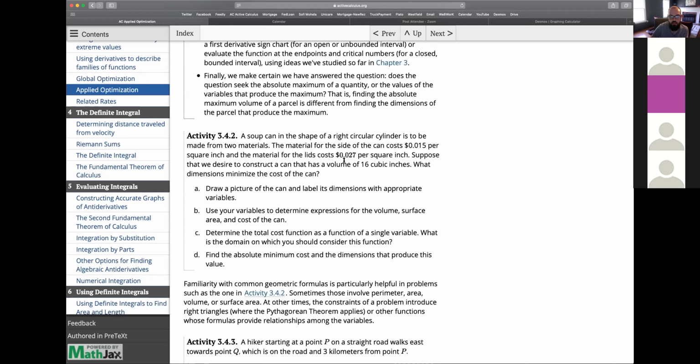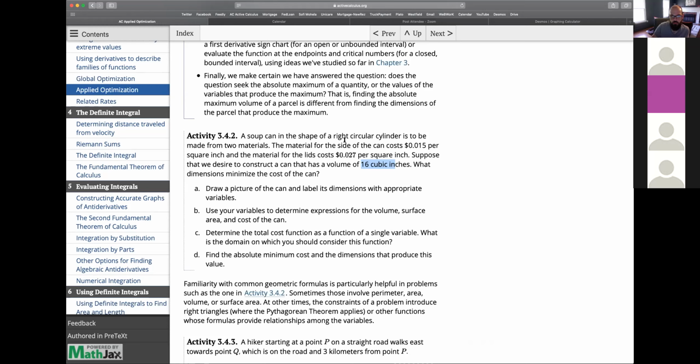In this activity, you want to sell a volume of 16 cubic inches. That is fixed, and you just have to make sure your can holds the right amount of soup, but you can change the dimensions. It could be fatter, a really wide and short can, or it could be a really skinny and tall can. You just want to make sure that it holds the right volume.